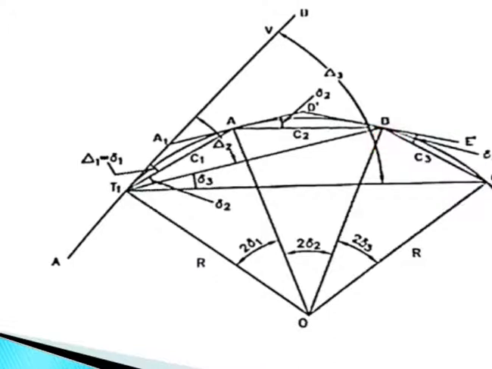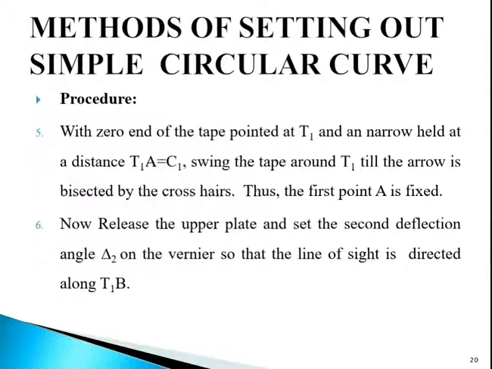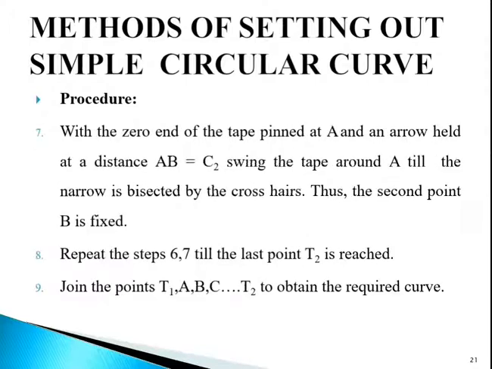Repeat the steps 6 and 7, the full procedure which I have written here. Like we got points A and B, the same procedure we have to follow for the next points. Repeat steps 6 and 7 till the last point T2 is reached.